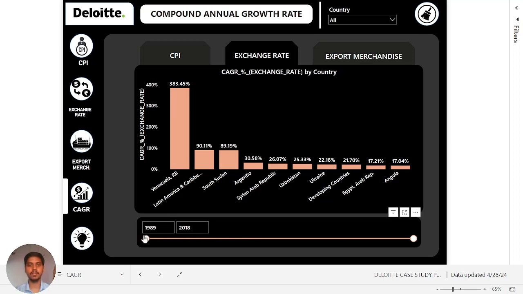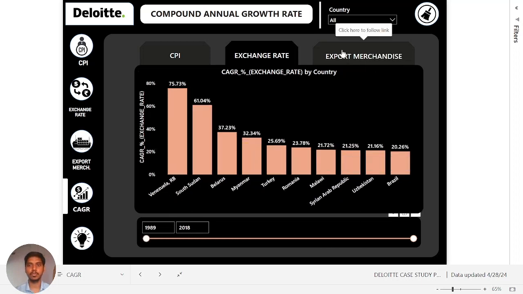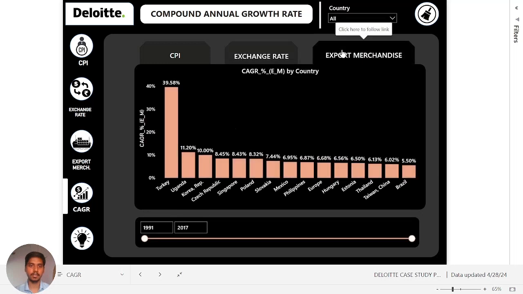So similarly, you can find for other countries also. Now moving towards the export merchandise, we can find that annual growth rate in export merchandise for Turkey has grown by 40%. You can find here that these are the top 15 countries whose annual growth rate in export merchandise is increasing rapidly.